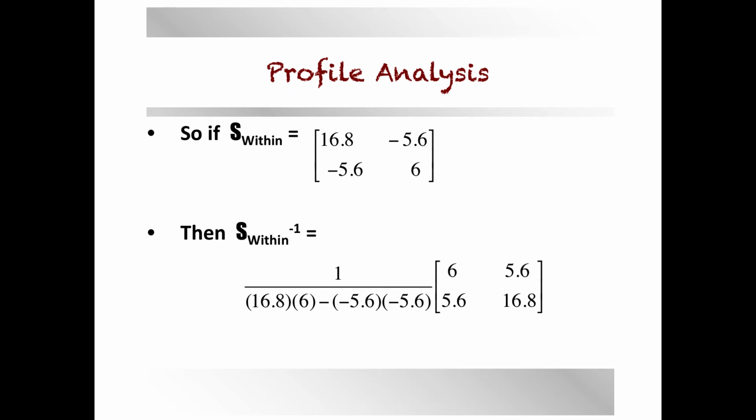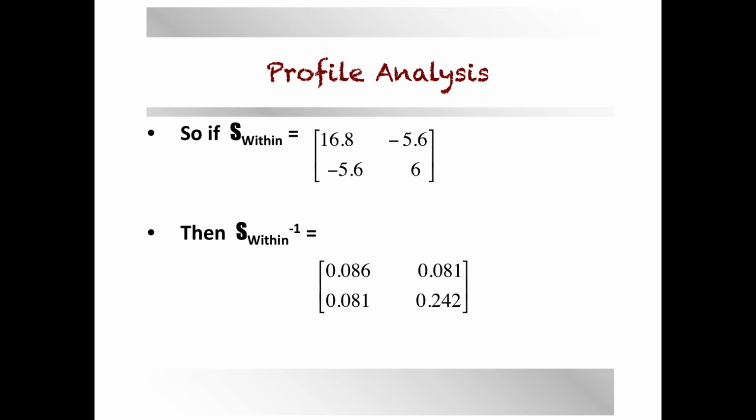So the negative 5.6 becomes 5.6 positive. And then out in front there we see the determinant. The determinant is the top left of the original matrix multiplied by the bottom right, 16.8 times 6 minus negative 5.6 squared. Whew. And you get your sum of squares within inverse, which has some decimal numbers there.